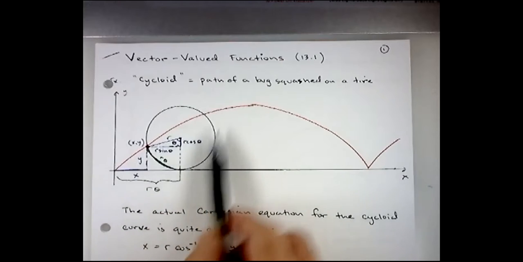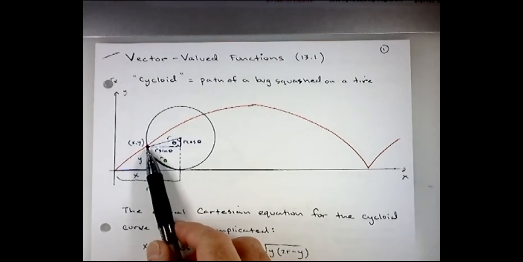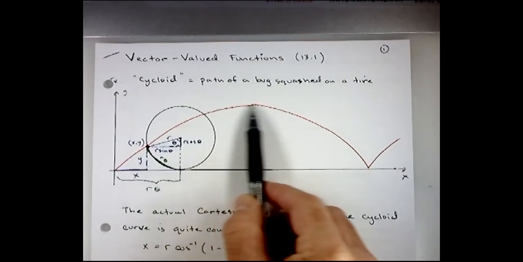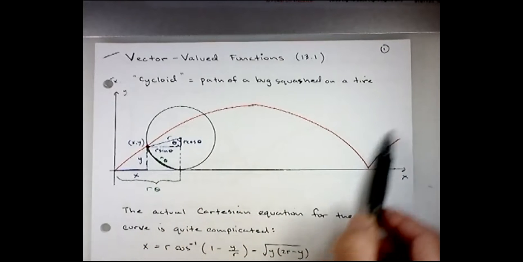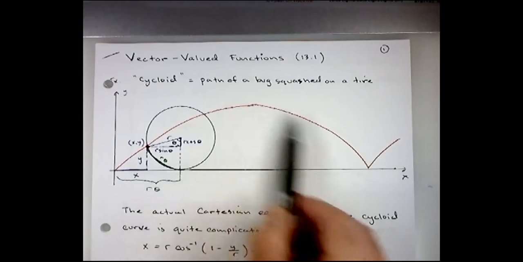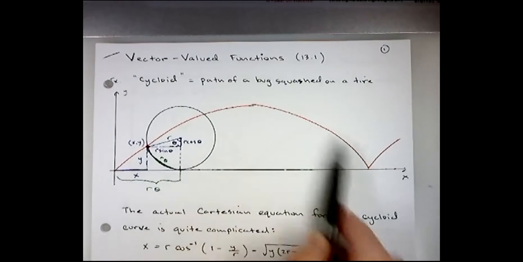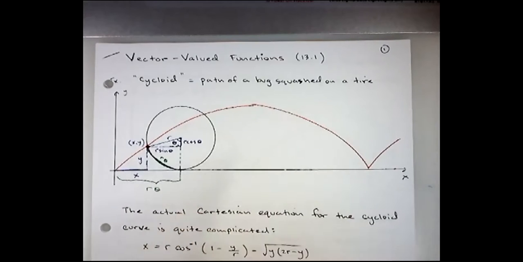As the tire's rolling, if you just focused on the bug, you would see a path like this red path. It's going to look like a series of curves. That is not half of a circle, by the way. If you look at this, it's not actually a semicircle. And this path is called a cycloid.